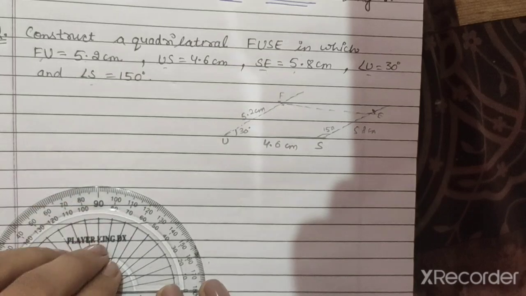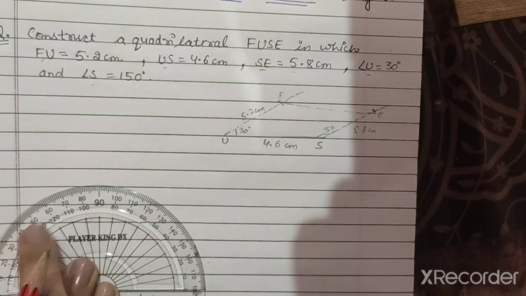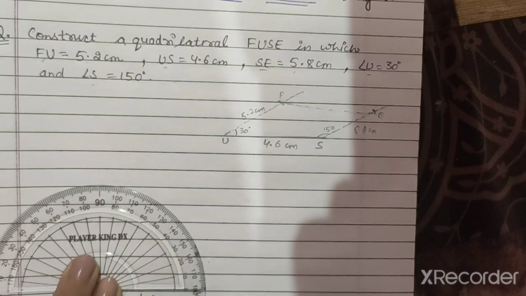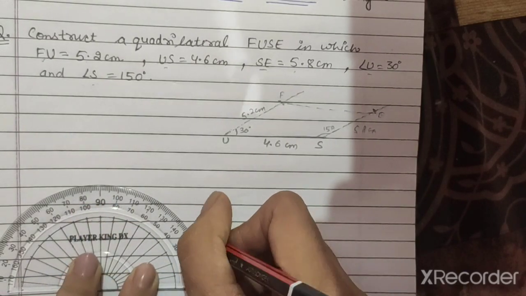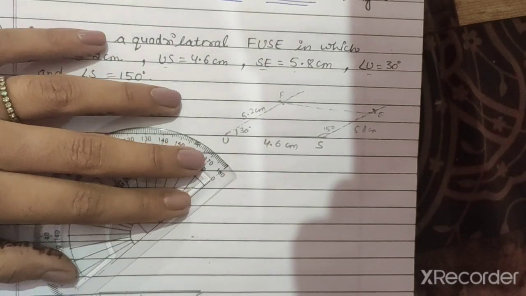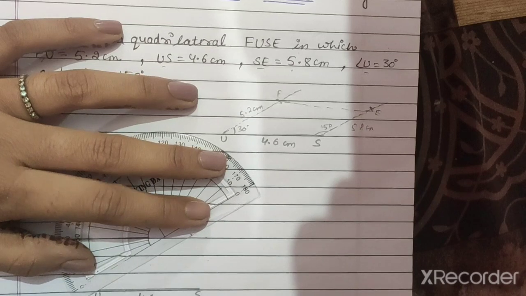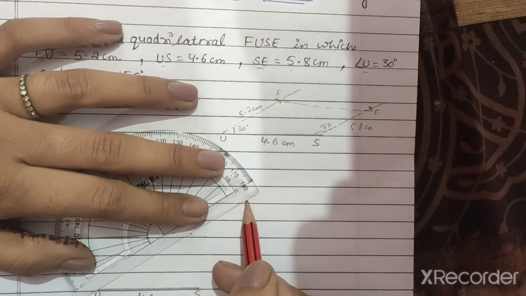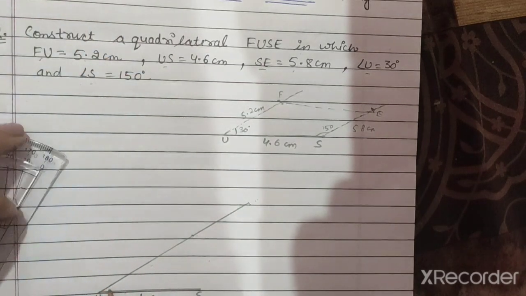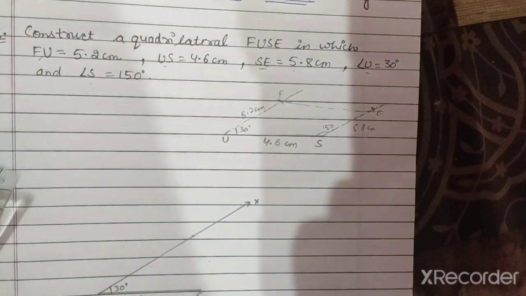When the vertex is at the left we will see the lower scale, so here it is 30°. Now join it and name this ray as UX.